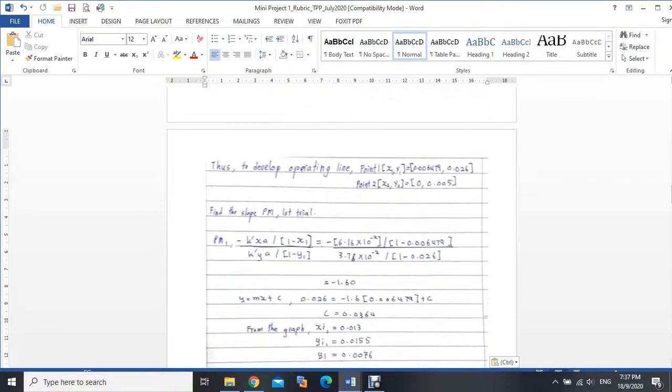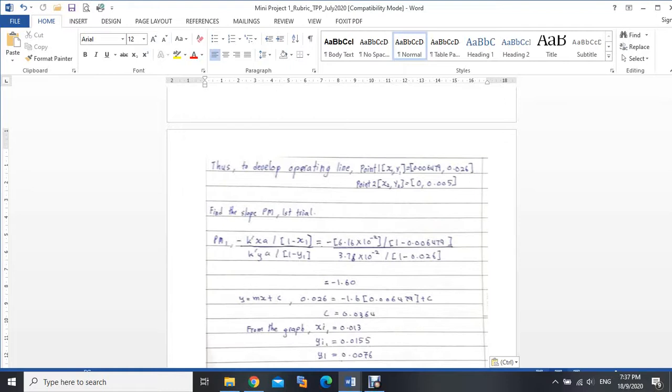The next step is finding the operating line. We have x1, y1, so we can locate point 1, and we have x2, y2, so we can locate point 2. We have two coordinates to develop the operating line.